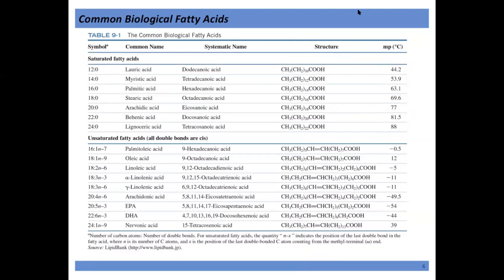Now, as you start to include double bonds, they're all cis, and you can see that you get this play. So here we've got 16 carbons and one double bond, and then we've got 18 carbons and one double bond. So it makes sense that as we add carbons, it goes up. As we add double bonds, the melting point goes down.